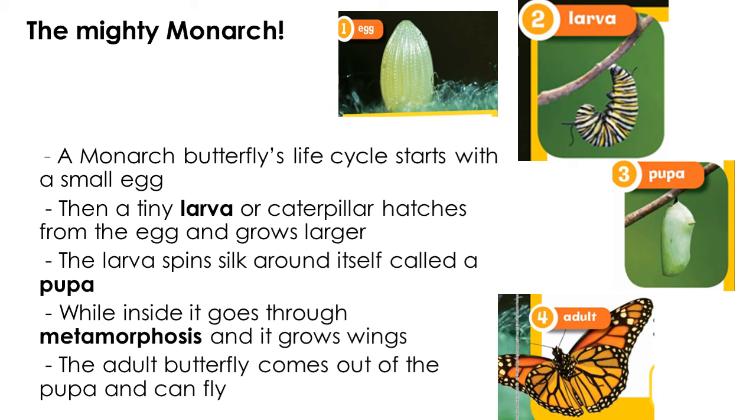So it needs to eat in all that time so that it can grow nice and big while it's inside the pupa, where it will grow wings, and then once it's grown and big enough, it'll come out as a butterfly. Once the wings have dried, it can fly. So also, the butterfly, whilst inside the pupa, goes through metamorphosis as it grows its wings.